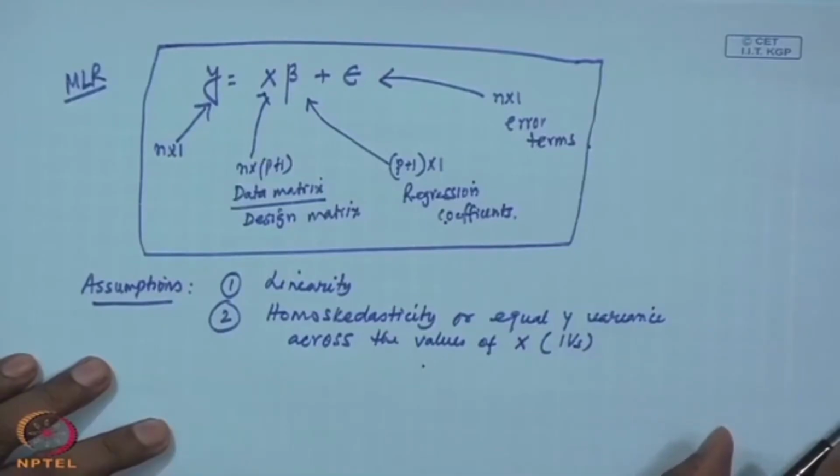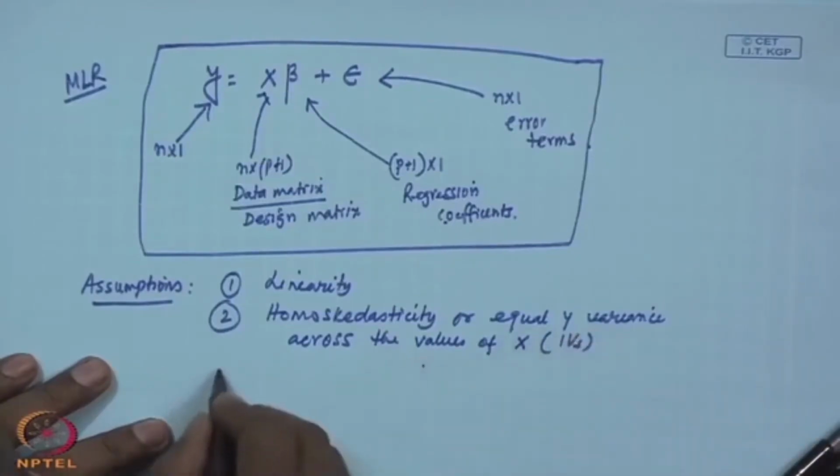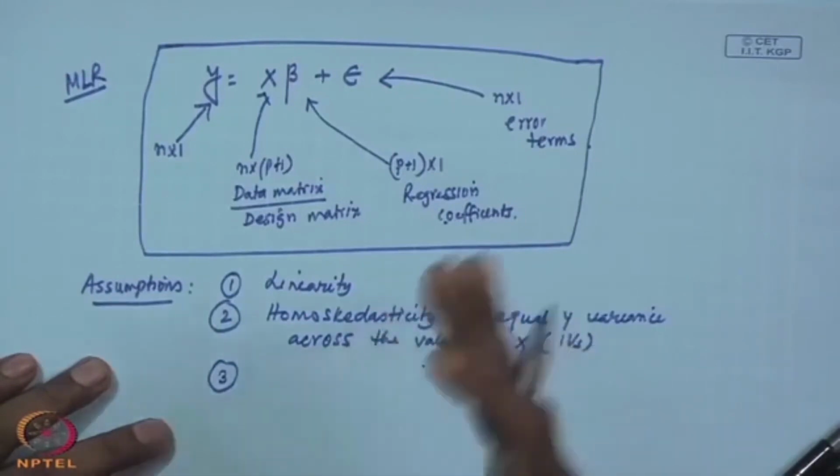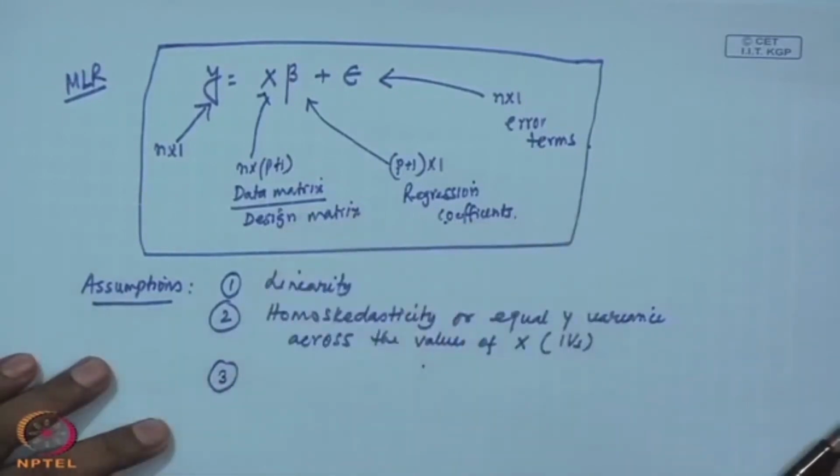I will show you how it is done. Variance across y, across x, the y variability remains constant.